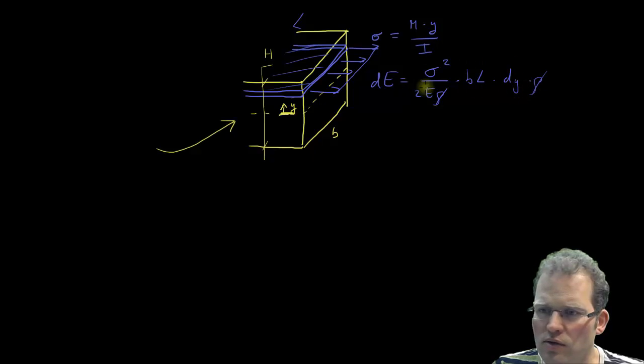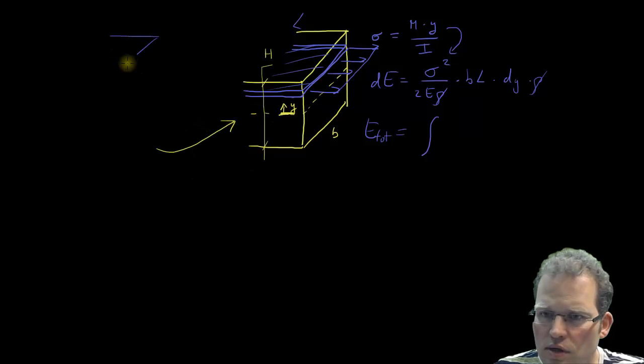So if we fill in the formula for the stress and square it, then we get the total energy we can store in this bar. And we would have to sum up all these little layers, and I will cut it in half because the stresses are the same on the lower part as on the upper part, so I will just consider the upper part and then multiply it by 2.